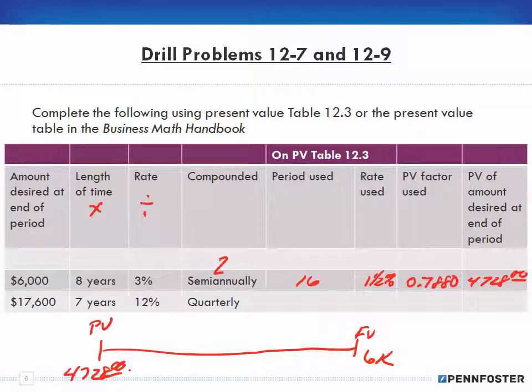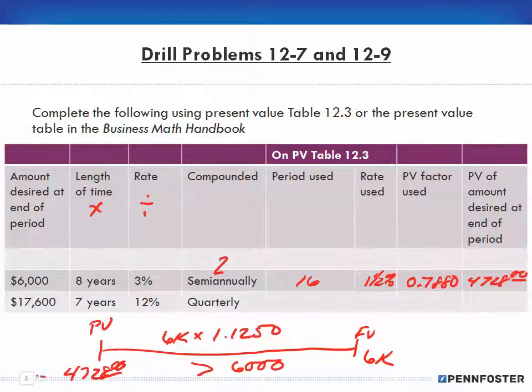But remember, if you happen to use the wrong table, say the future value table, and I'm just going to guess at a factor here, 6,000 times, I don't know, 1.1250, well, that amount is going to be greater than $6,000.